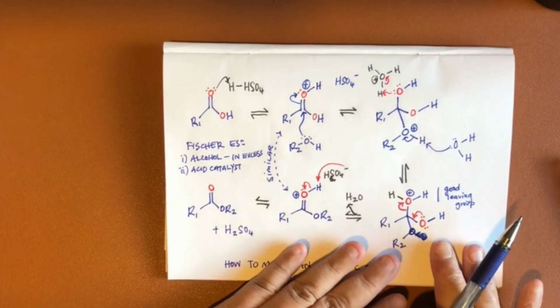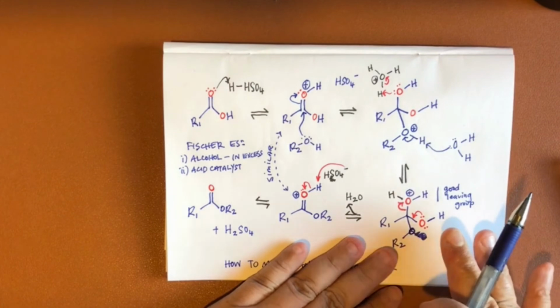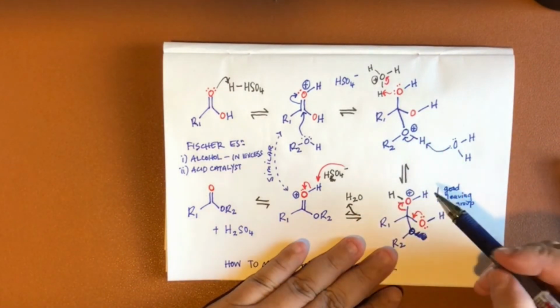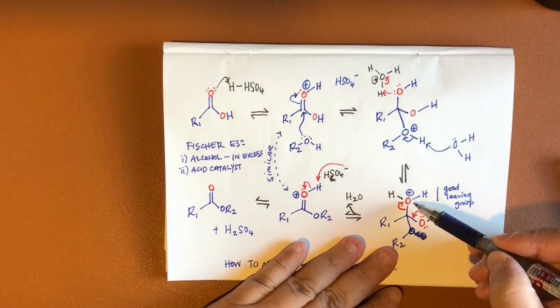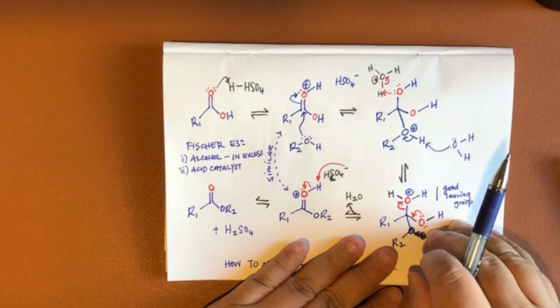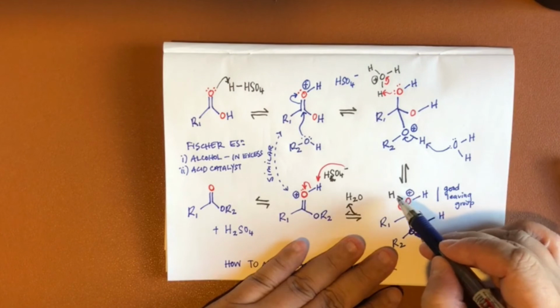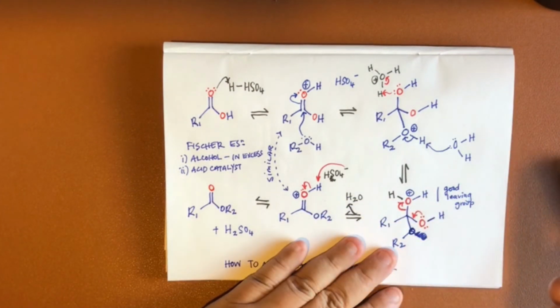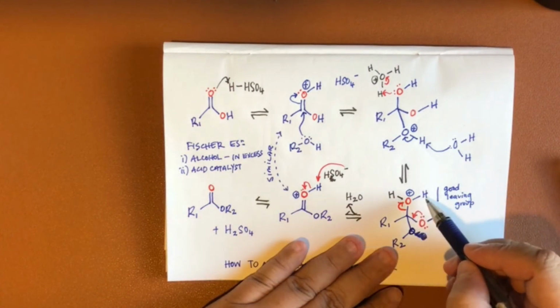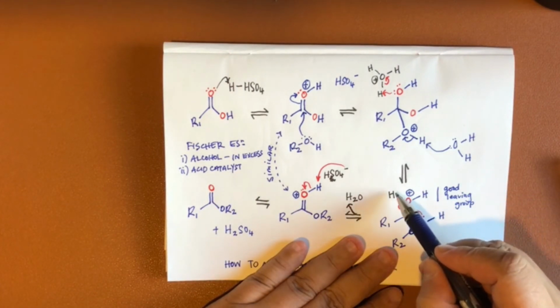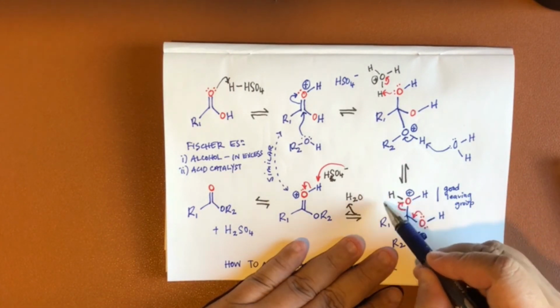And then here is when one of the OH groups in the carboxylic acid has to leave. You can choose one of them. Again, what helps in making the OH group a good leaving group is a hydrogen.